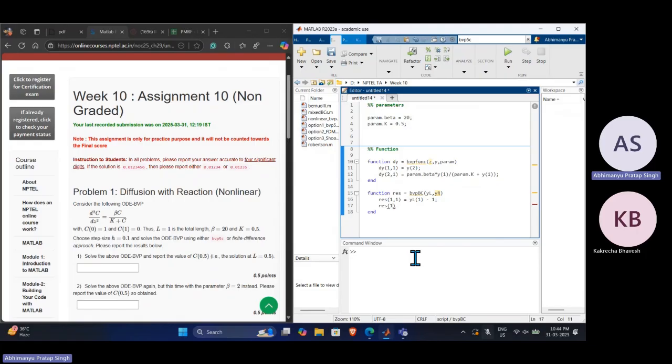The second one would be YR1, because both the boundary conditions are on the concentration only, they are not on the derivative of it.